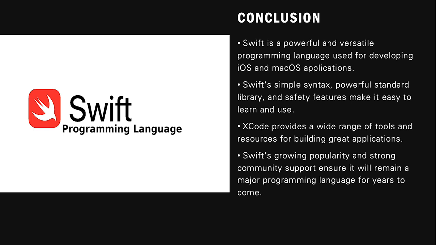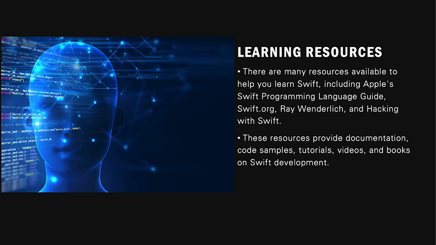Whether you're an experienced developer looking to learn a new language or a beginner interested in programming, Swift is a great choice for iOS and macOS development. With its growing popularity and strong community support, Swift is sure to remain a major programming language for years to come.